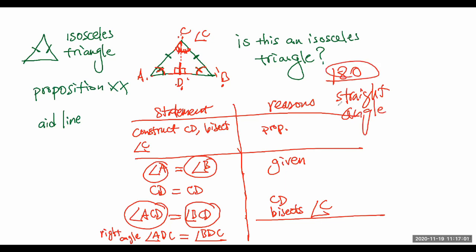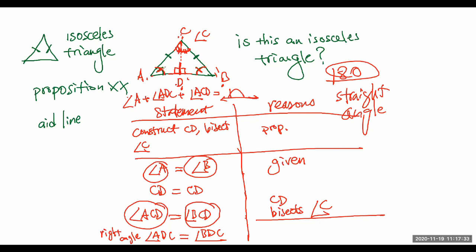We can just say that it's either a right angle or a straight angle. So angle A plus angle ADC plus angle ACD is a straight angle.